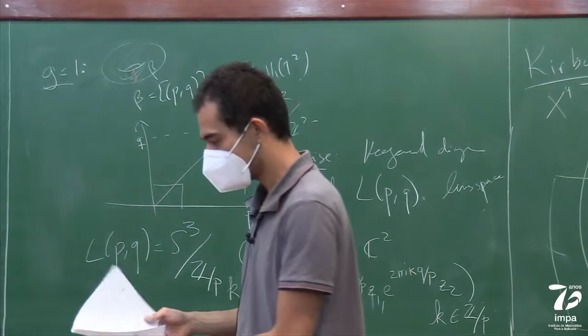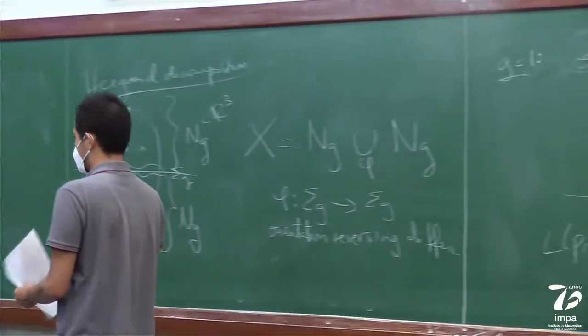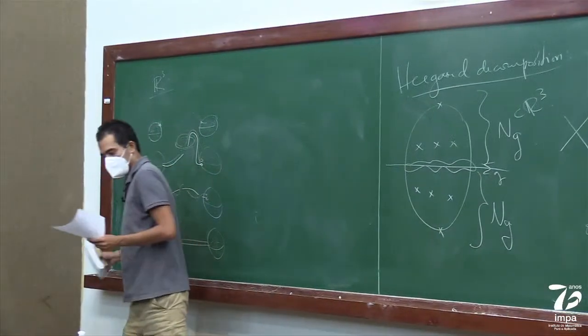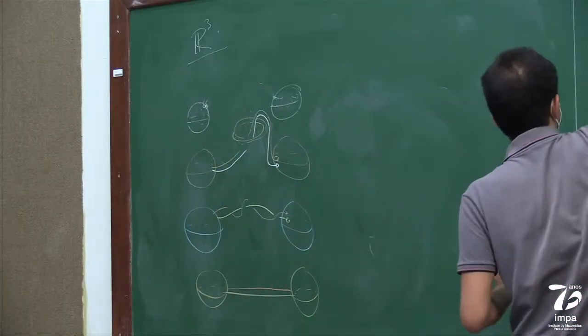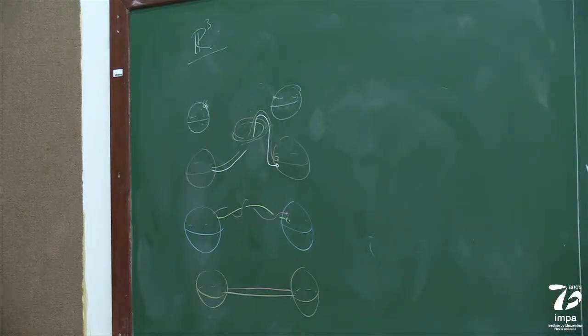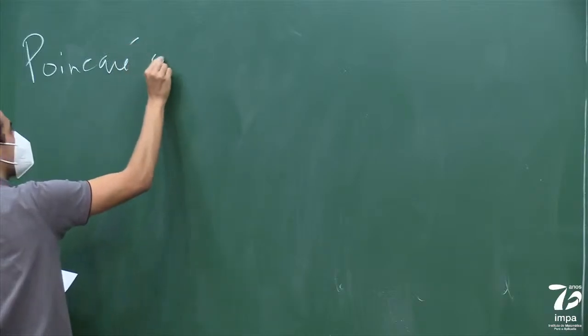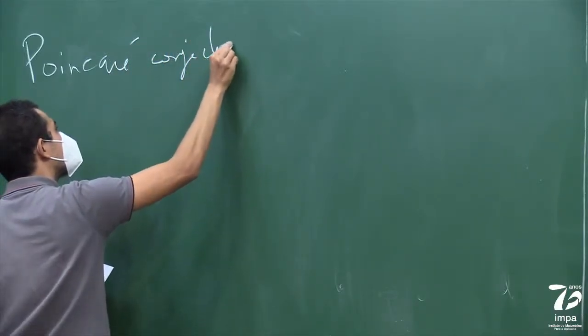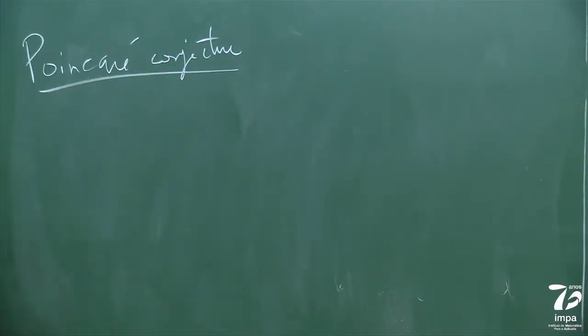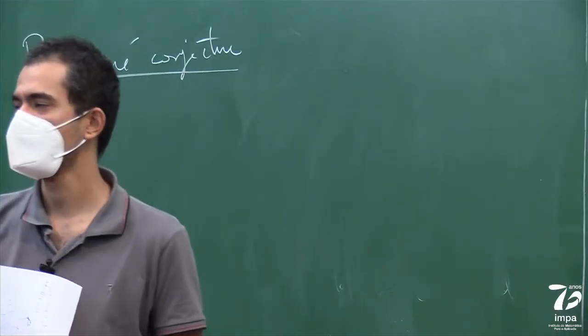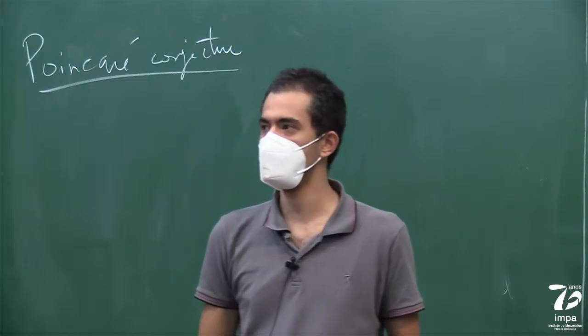OK, so to finish, let me say a little bit about the Poincaré conjecture. Poincaré, in the beginning of the 20th century, like 1903 or 4, was inventing homology theory.